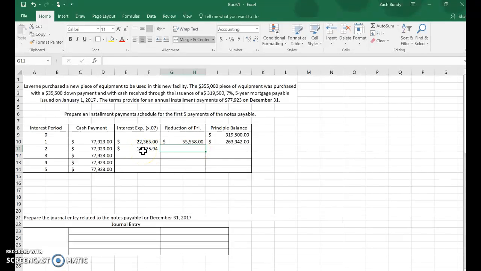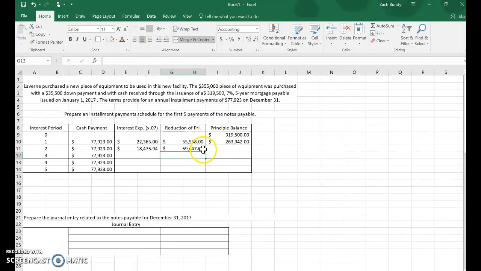All right. So now that we know that this is the interest that we're paying for this year, this payment, we're going to do the same as last year. We're going to take the payment that we're making, and we're going to minus the interest that we paid to find out how much we're paying towards the principal.